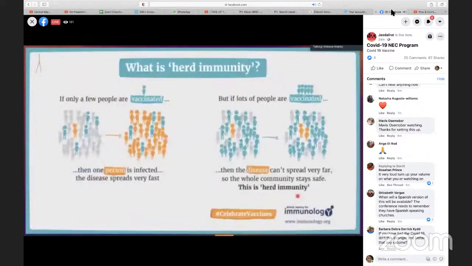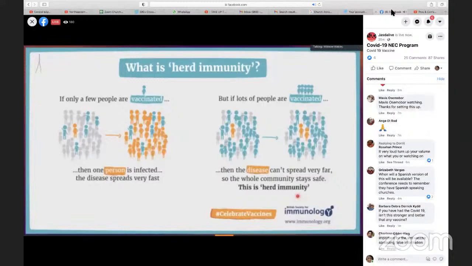Now, what is the goal of vaccination? It's not necessarily to vaccinate every person, but to vaccinate enough people to get what we call herd immunity. Herd immunity is when so many people in the community have been protected that those who are unprotected have very little chance of getting infected.